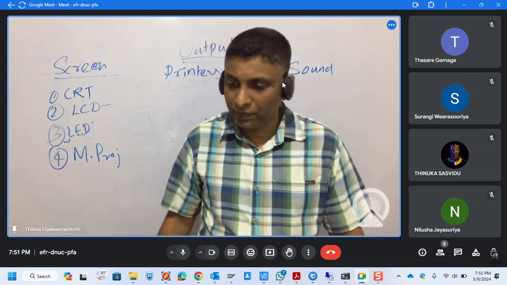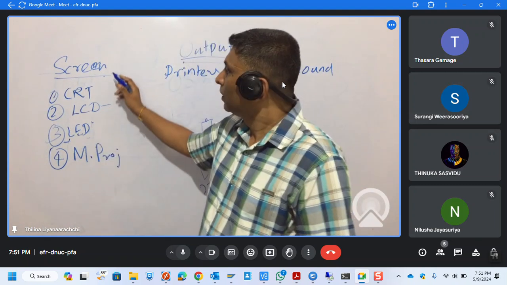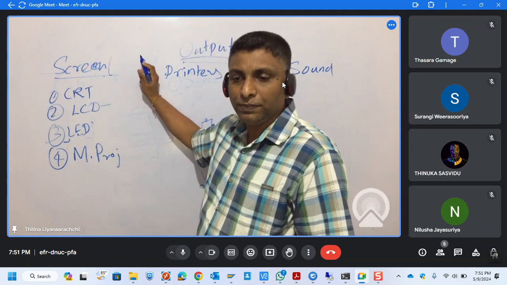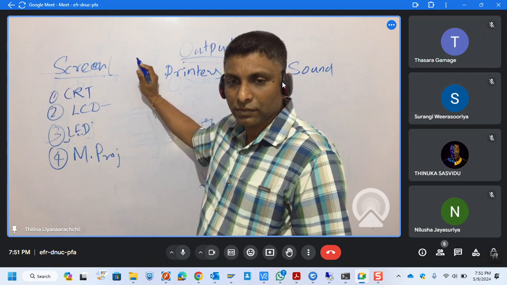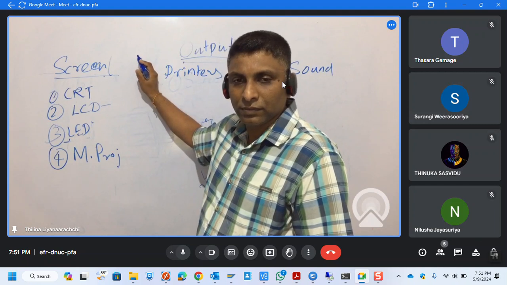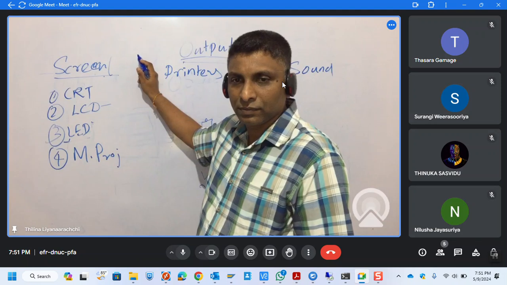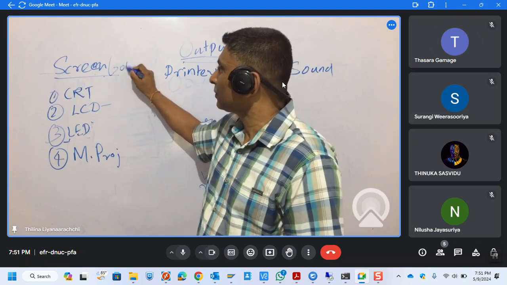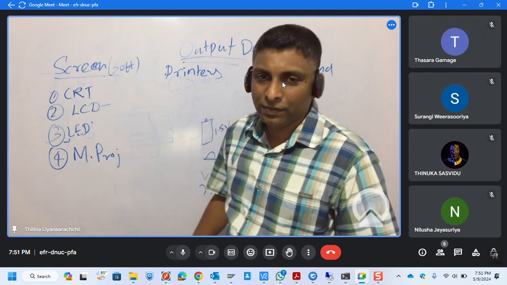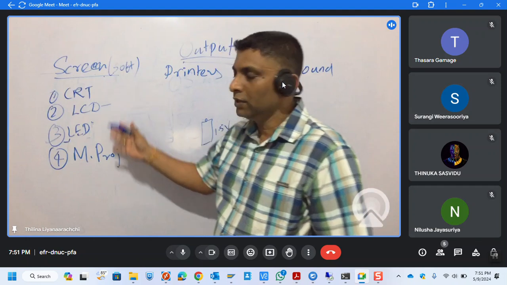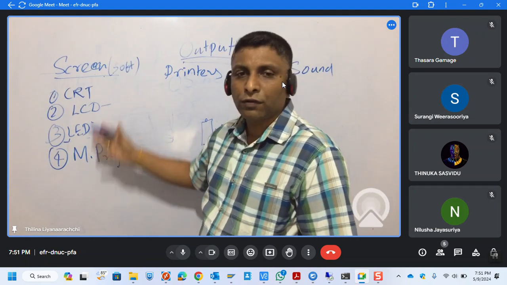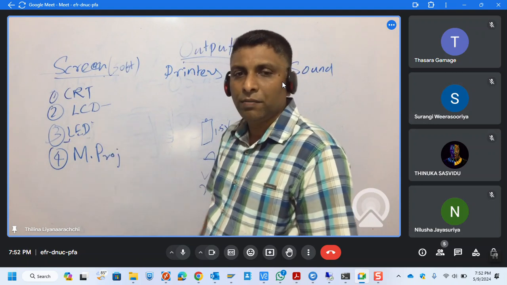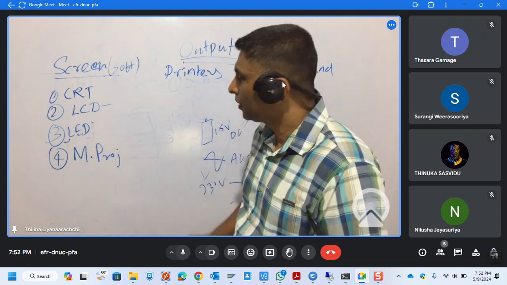See, four types, right? So these screens can generate hard copy or soft copy. Soft copy, right? So these devices could generate soft copies: CRT, LED, LCD, and multimedia projectors, right?